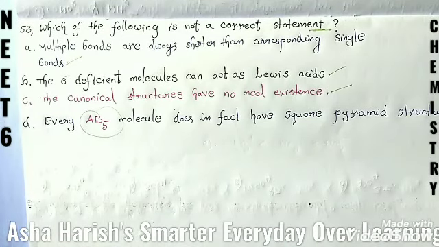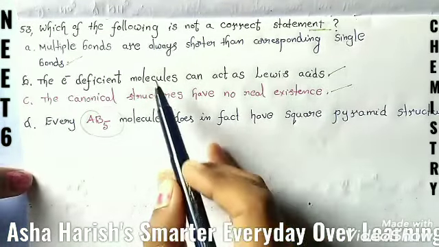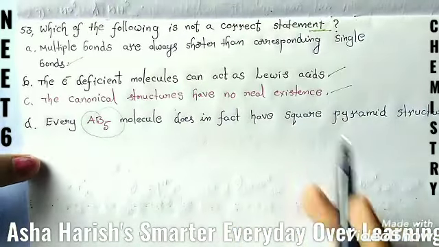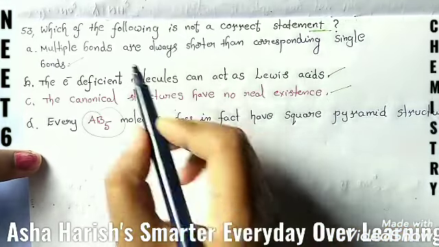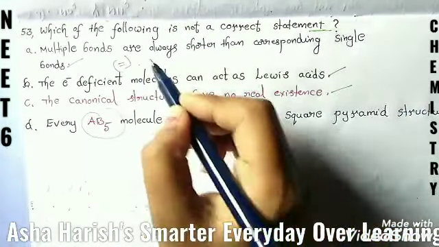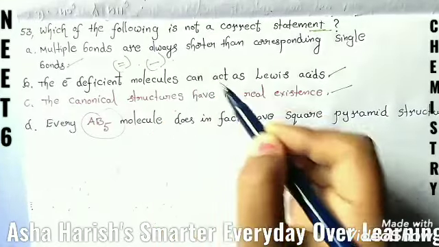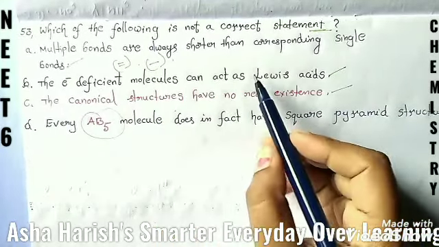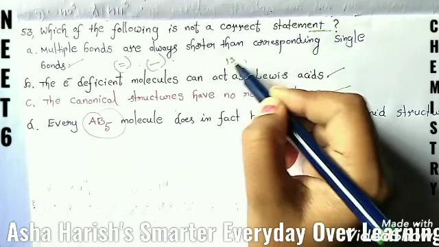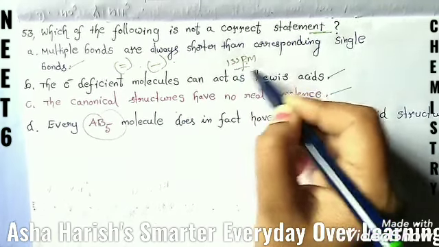Here, students, for option A, what do we have? The multiple bonds are always shorter than corresponding single bonds. Here I am going to discuss with you single bonds. Single bonds are longer than double bonds, always. Why? Because p orbital overlap is maximized, with 133 picometer.